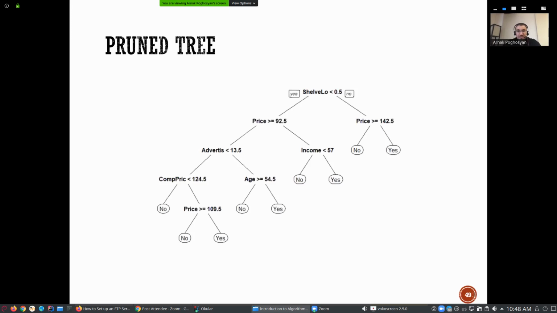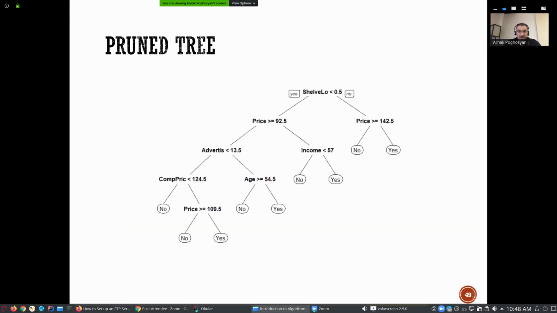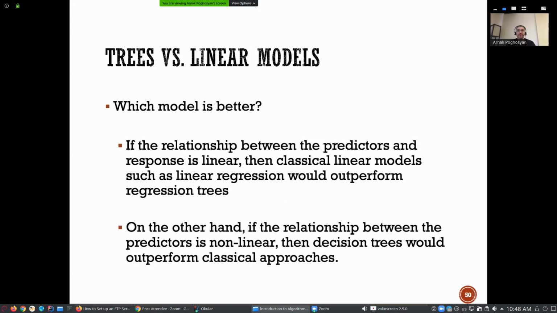When you see a tree like this, be sure that it is coming from R. In Python, we have much more colorful decision trees, but no matter, the idea is the same. And this is actually the end of our classification theory. Now some comparisons. If you have questions, go ahead.